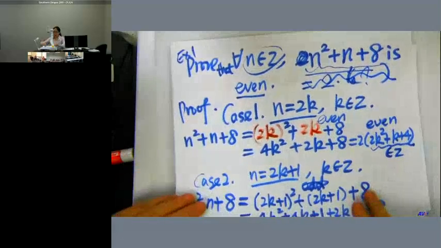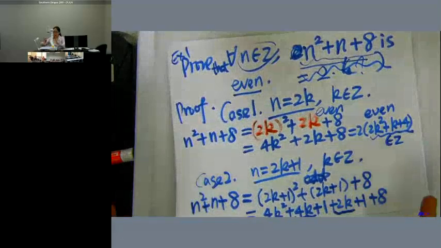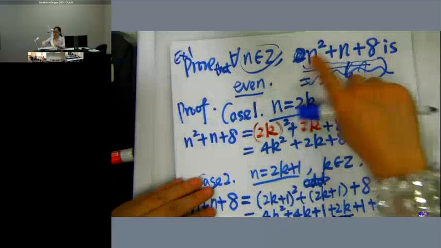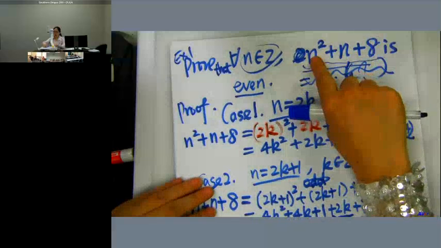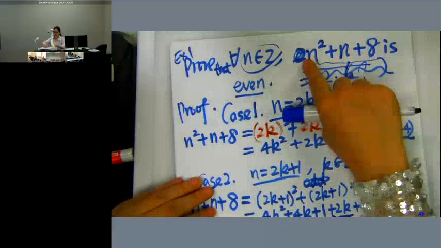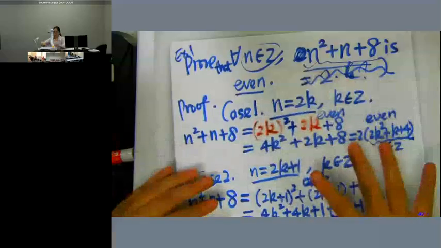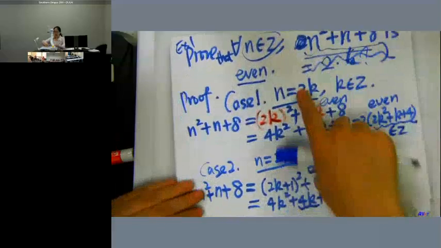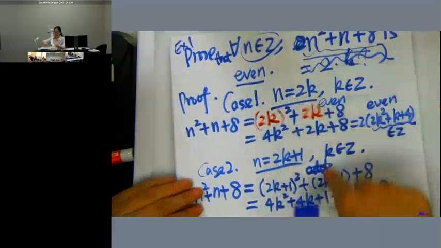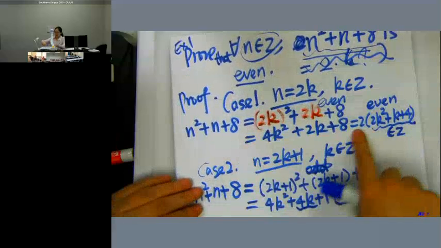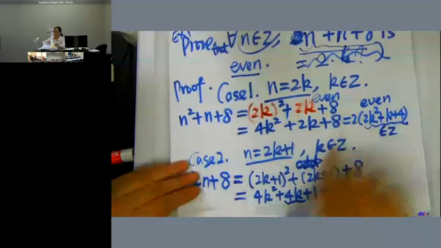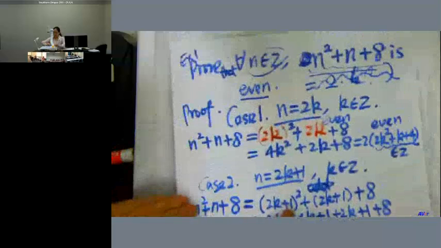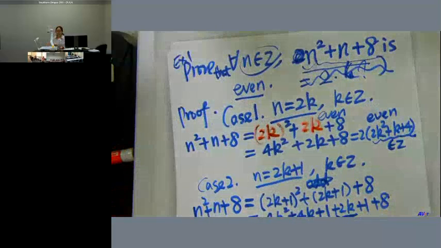But if I do cases, first I prove this is even for all the even numbers n, and then I prove this is still even for all the odd integers n. And then we proved it for every integer, because all integers are either even or odd. So either way, we can factor out the 2. If it's even, I can factor out the 2. If it's odd, I can still factor out the 2. But you may not always have two cases.